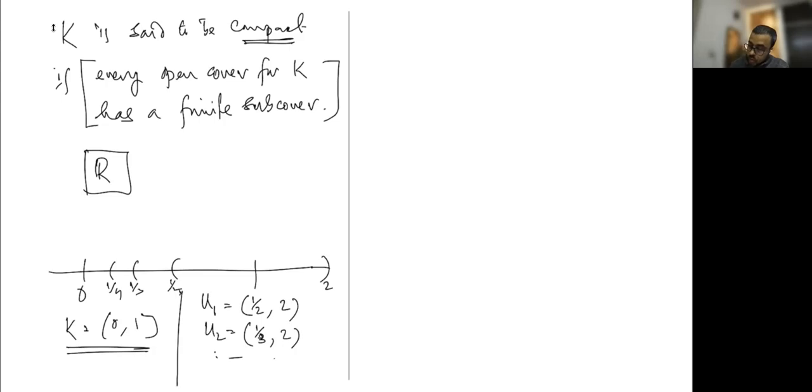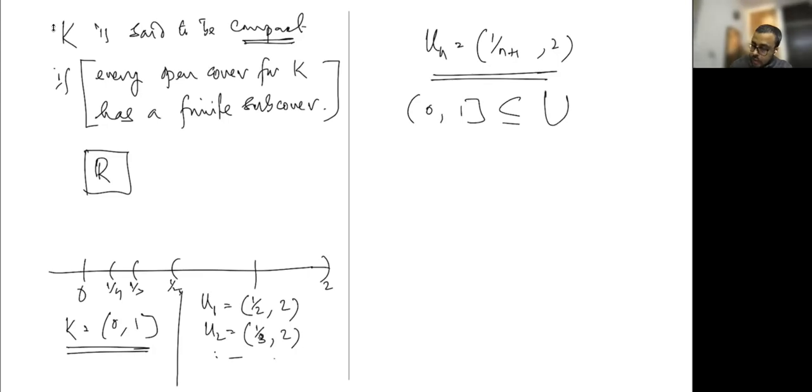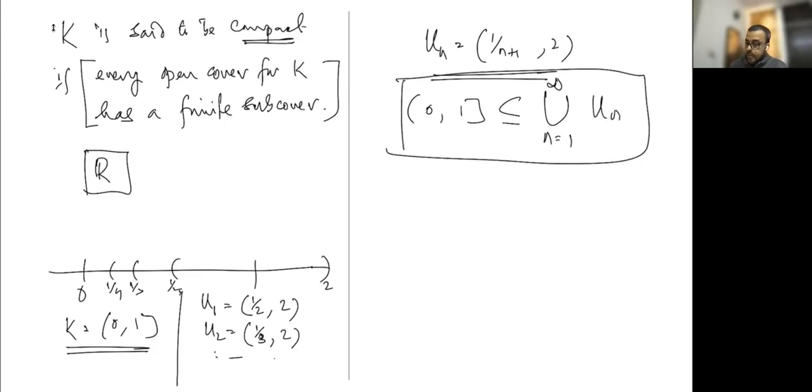So if you look at these intervals, (0, 1) is contained in their union. Okay.